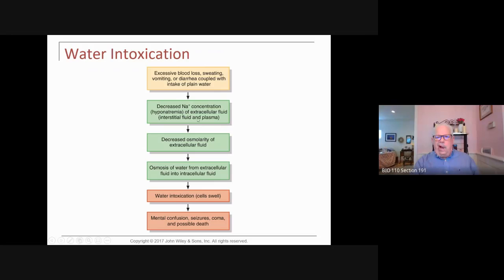When your sodium drops, you have a decreased osmolarity in your extracellular fluid. You try and equalize between the extracellular fluid and the intracellular fluid. And when you have water intoxication, your cells will swell and it will cause you to have mental confusion, seizure, comas, and possibly die from it.